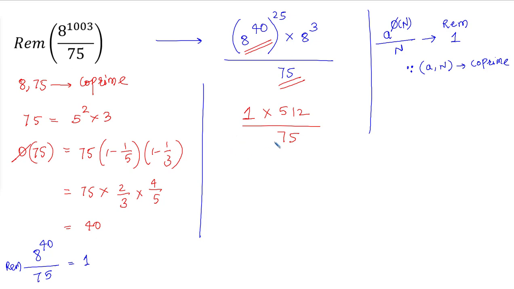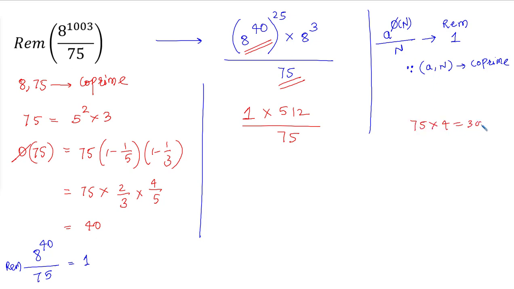512 divided by 75. Now we know that 75 into 4 is how much? 300. 75 into 6 is equal to how much? 600. Okay everyone, sorry, let me correct it. What we know, 75 into 4 comes 300.